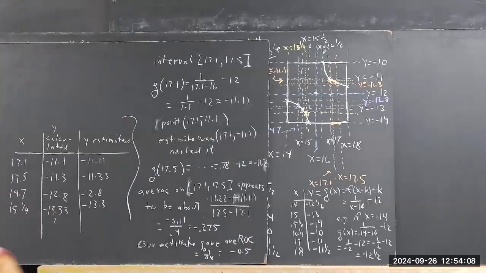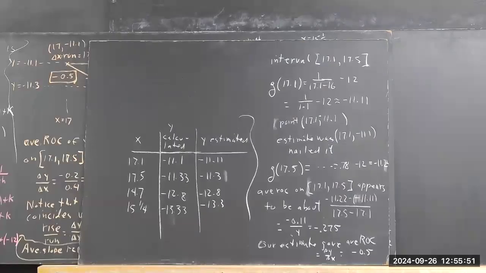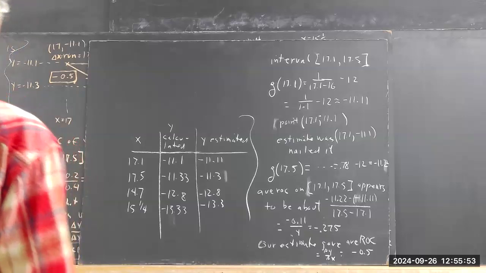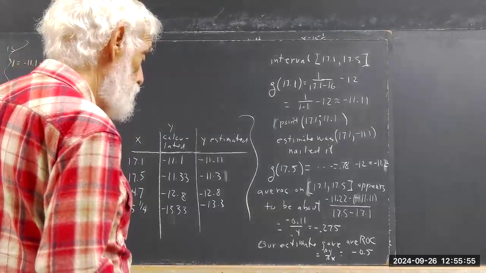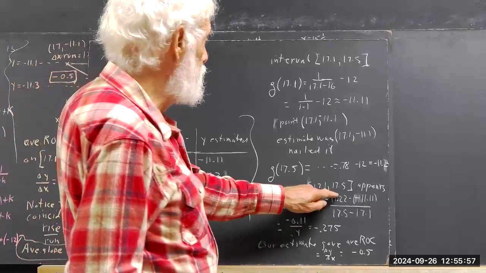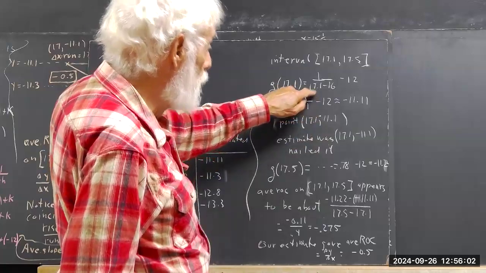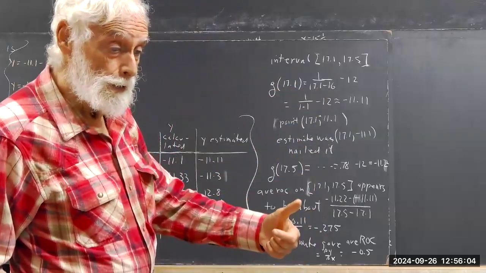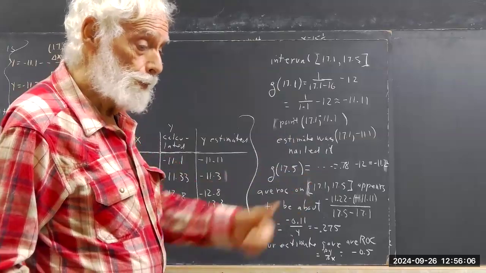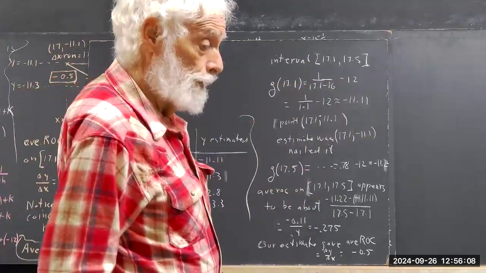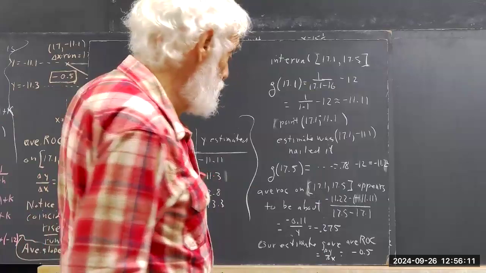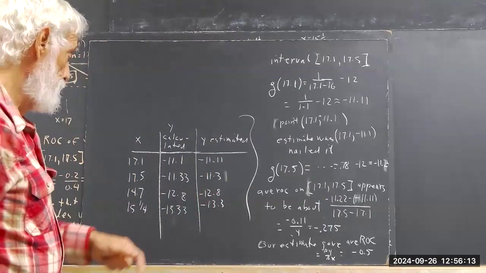I'm going to pause for a second until I find it. Okay, the price I pay for doing things in my head, and sometimes I write them down wrong. And if x equals 17.5, you put a 17.5 here minus 16, you get a 1.5, a 3/2 in the denominator. Reciprocal of that's 2/3, so it'd be 2/3 minus 12, which would be 11 and a third, which is 11.33.